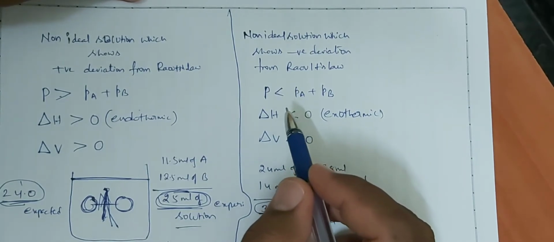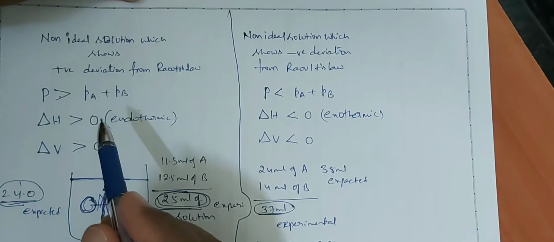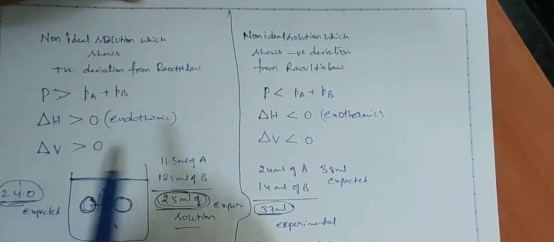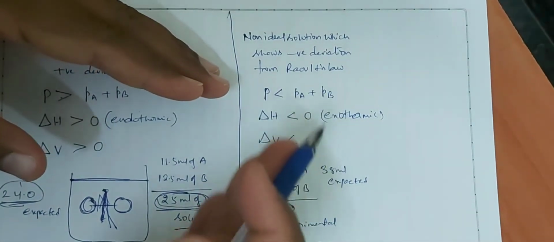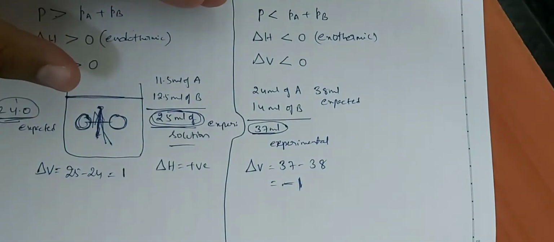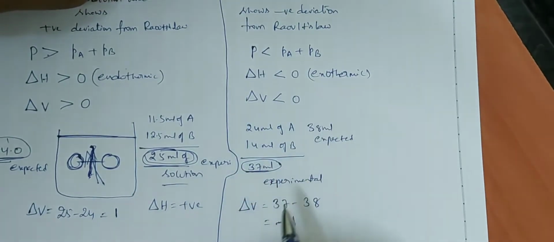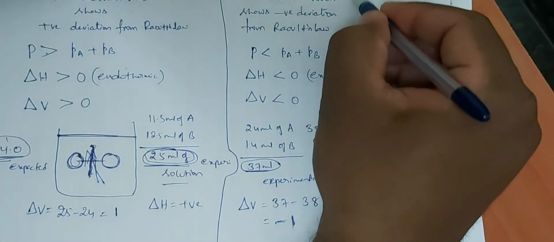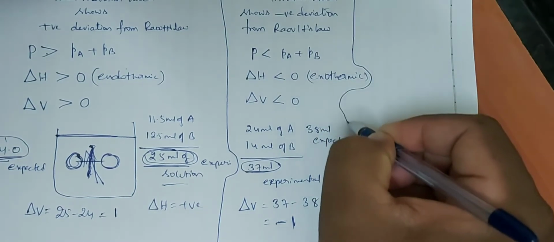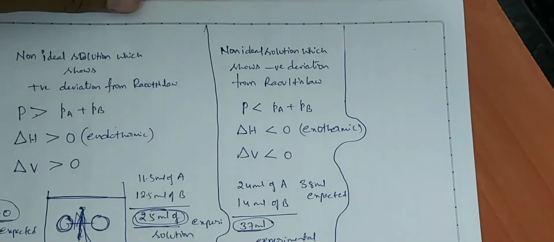Sorry for that, by mistake I said attractions will be broken. When attractions are broken, energy will be absorbed. Here attractions are formed, because of that energy will be released. When energy is released, that is called an exothermic process. Delta H is less than 0, that means we get a negative delta H value. Okay, this is about non-ideal solutions which show negative deviation from Raoult's law.